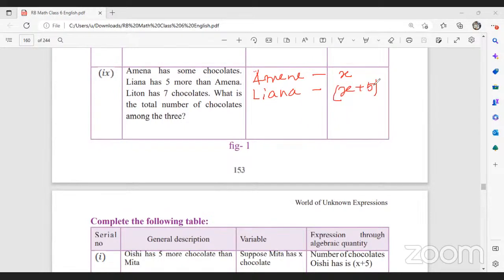So we add 5 with x, right? Confusion? No, sir. Okay, what about Liton? 7 chocolates.